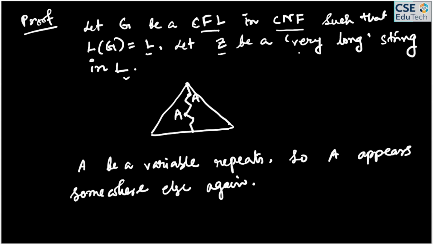So when we consider that Z is any string that is very long and belongs to the language L, our desire is that at least one variable is repeated from top to bottom, and we assume that A is a variable here and it repeats anywhere in this path.